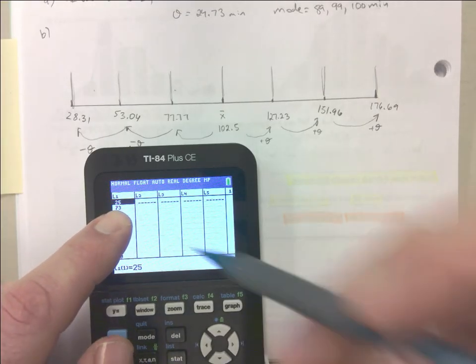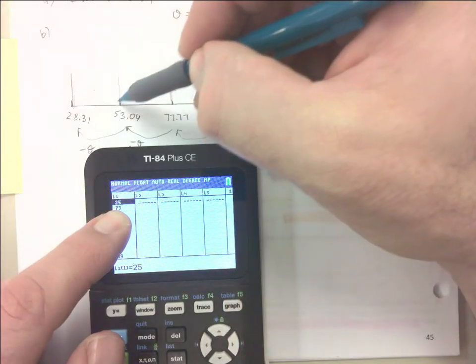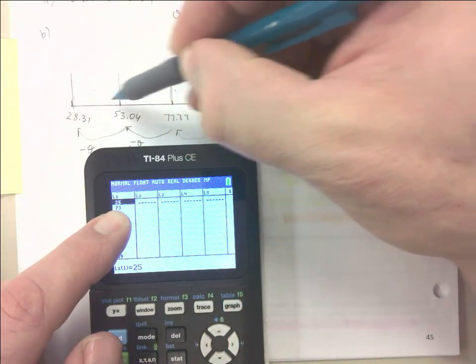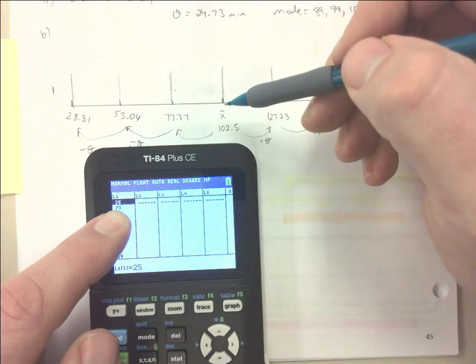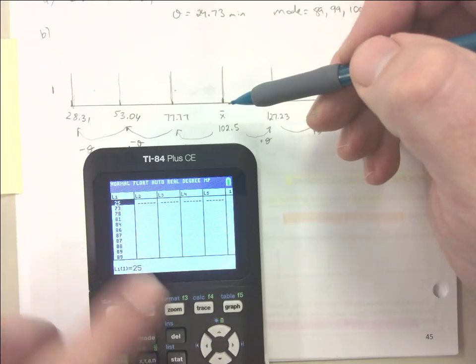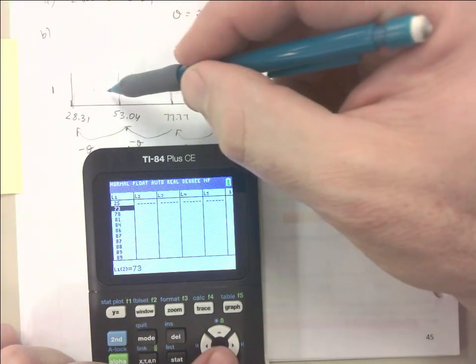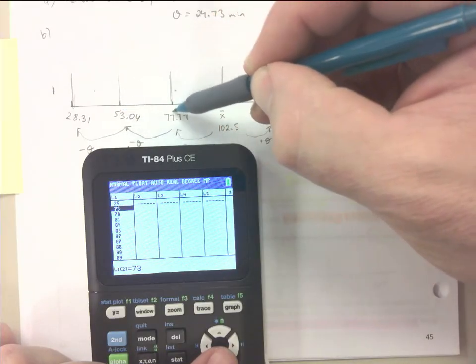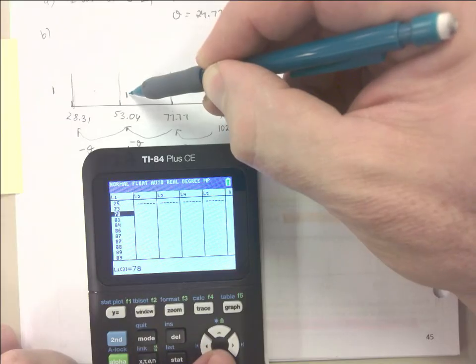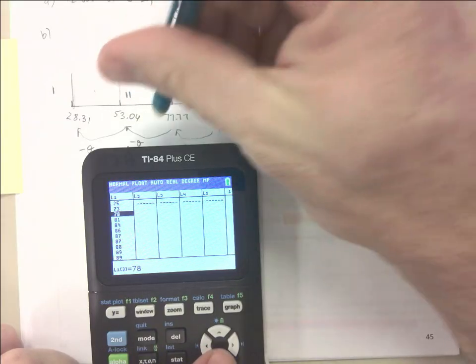25, where does 25 fall in? Does it fall in this bin here between 28 and 53? No, so just put it here. It's 25. Then 73, 73 goes in where? In here, correct? Between 53 and 77? 78. Oh, 78 goes already in the other one.